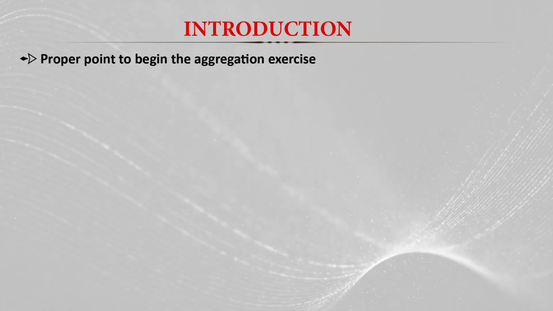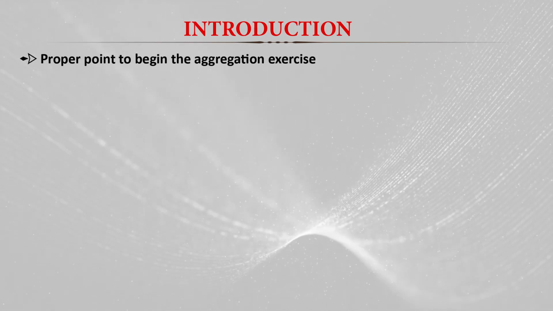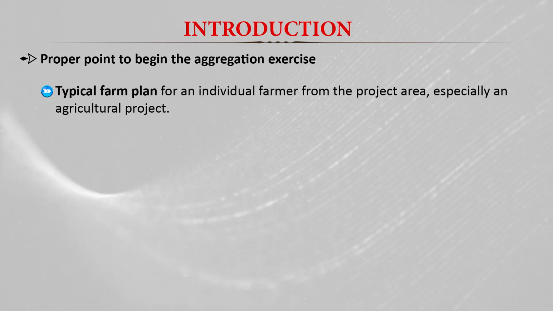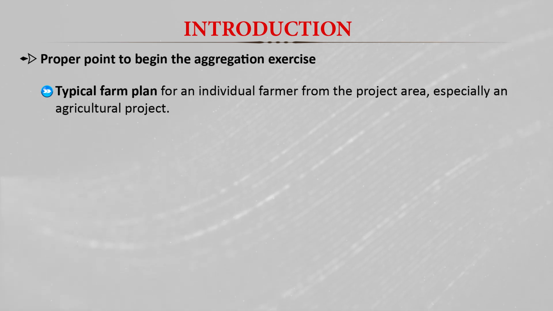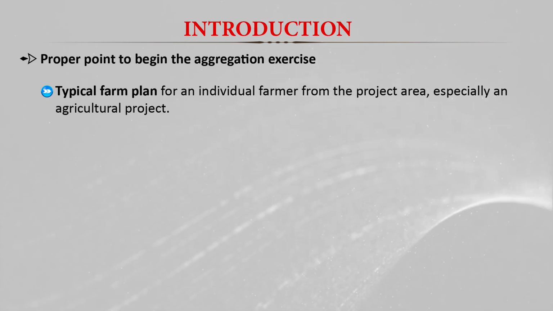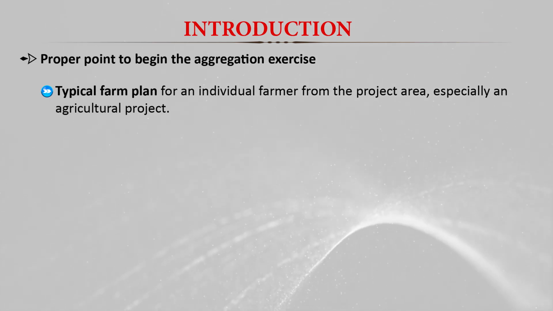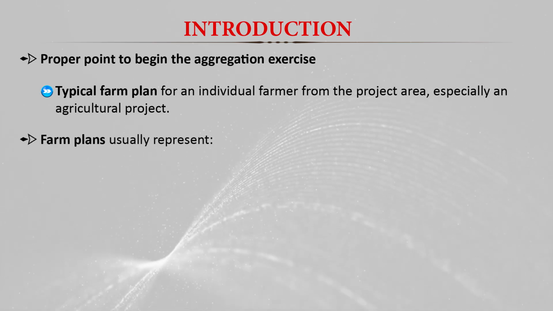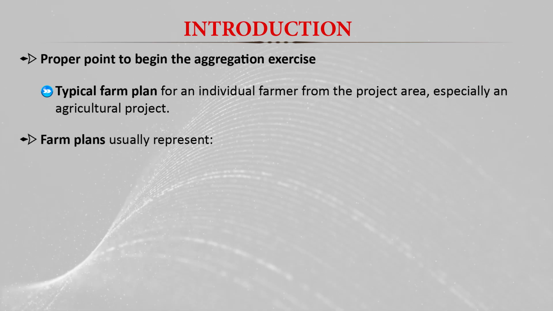So we will cover the meaning and concept of the different concepts we use in aggregation of the project output into national income. To start with, for the aggregation exercise, the typical farm plan is the proper point to begin. The typical farm plan includes the different activities.